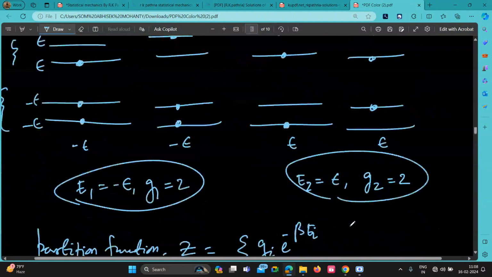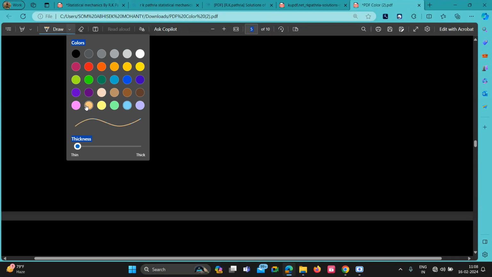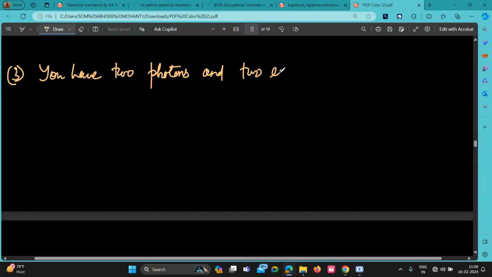Next question, question number 3. You have two photons, okay, and two energy levels, epsilon and 2 epsilon.